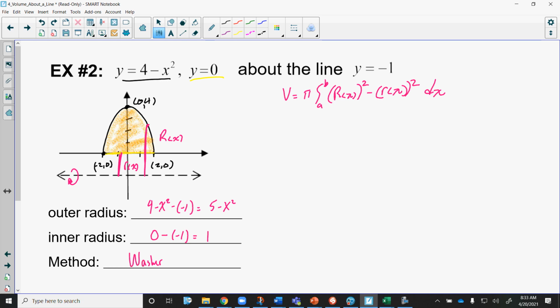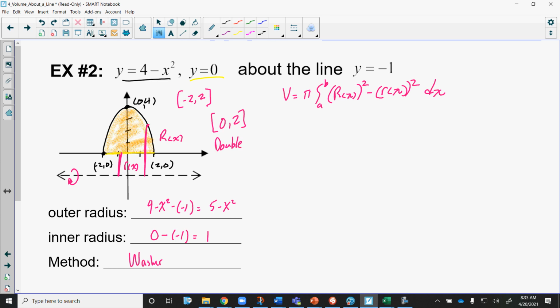Now the interval on the x-axis goes from -2 to +2. But because it's a parabola that has not been shifted horizontally or anything like that, I'm going to do my interval from 0 to 2, and I'm going to double my function.